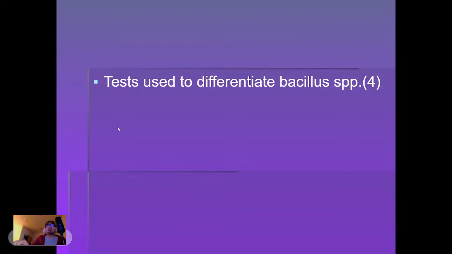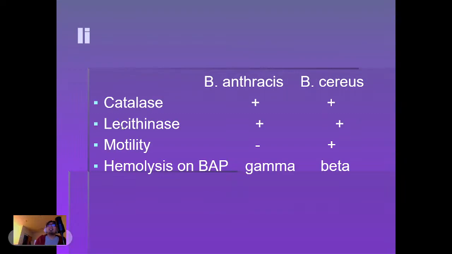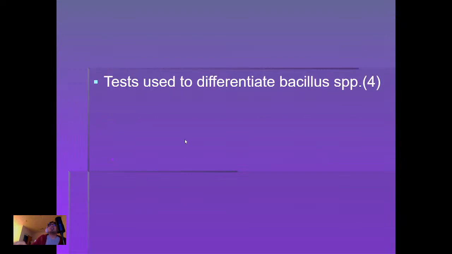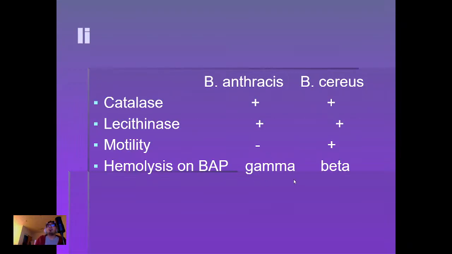Okay? Now, let's move on to the tests used to differentiate Bacillus species. Ang dami, class. Four: catalase, lecithinase, motility, and hemolysis on MAP. Now remember, Bacillus cereus is beta hemolytic. Sa hemolysis ako usually, hindi ko sinusunod tong CLM na to, kasi yun yung una kong makikita sa plates eh. Mamaya na ako dyan sa CLM. Hemolysis muna ako. Bacillus anthracis is gamma hemolytic, meaning there's no hemolysis seen.